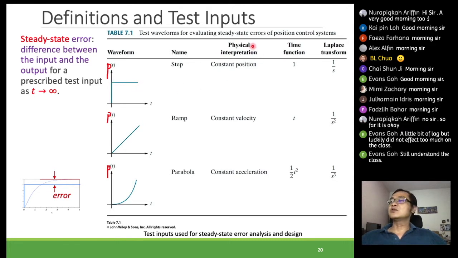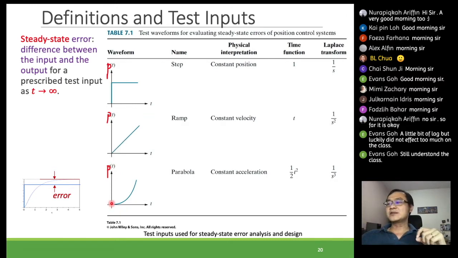So we would interpret that as a constant position after a shift. But if we are giving a ramp input, we want the object, or the point or particle, to change at a constant velocity, so the position will change as time progresses.